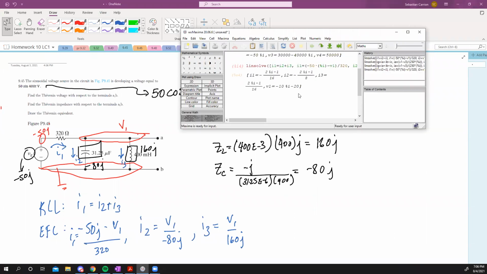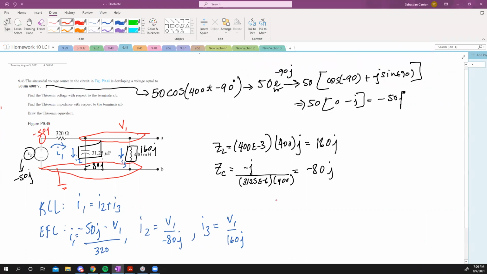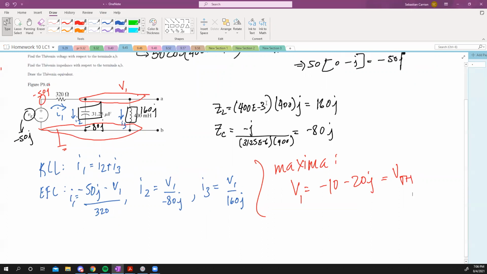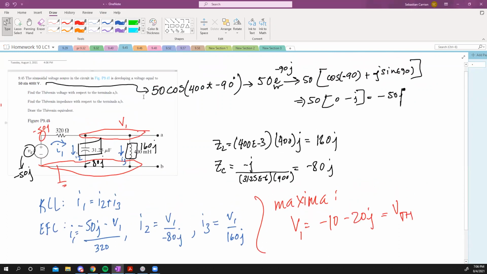V1 is negative 10 minus 20j, and V1 is also our V Thevenin, right? So now that we have our V Thevenin, we're done with the first part.